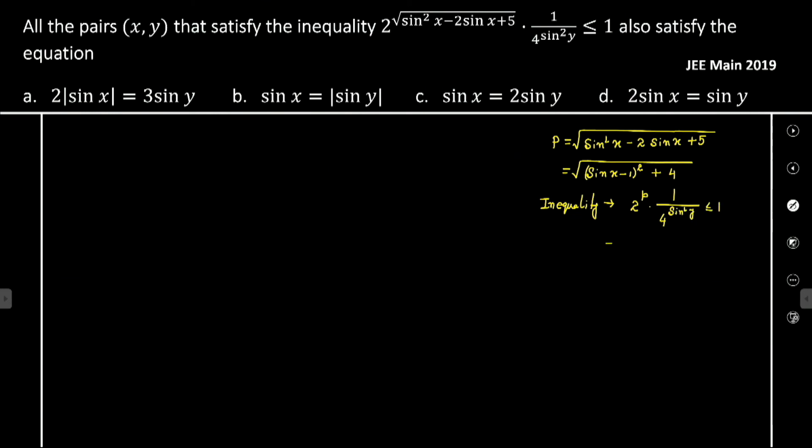So that implies that 2 to the power p is less than equal to 4 to the power sine square y. That implies that 2 to the power p is less than equal to 2 to the power 2 sine square y. In other way, we can now say that p is less than equal to 2 sine square y.